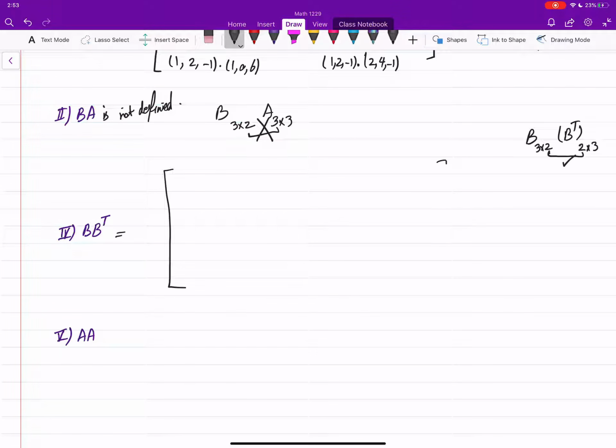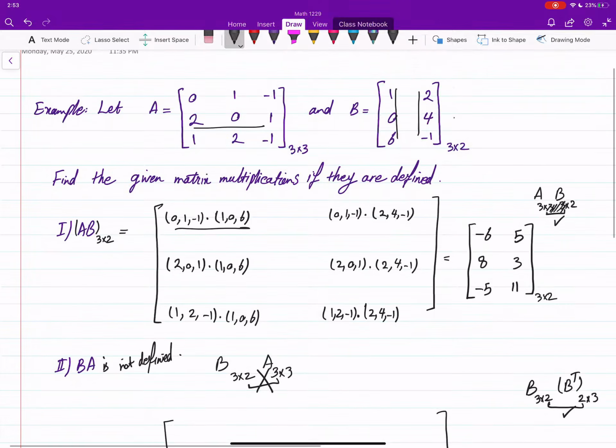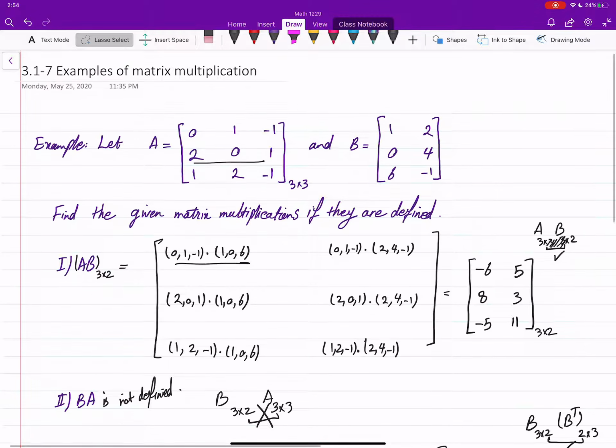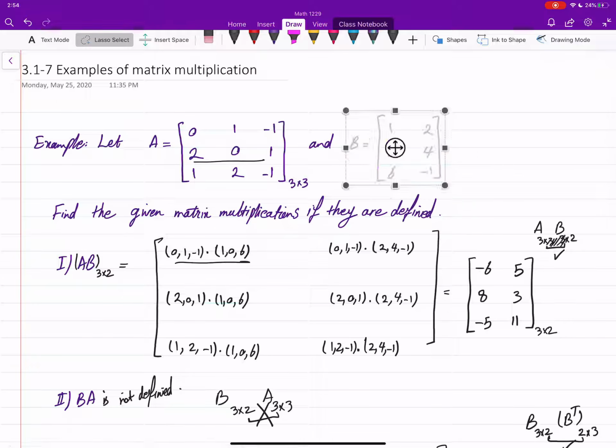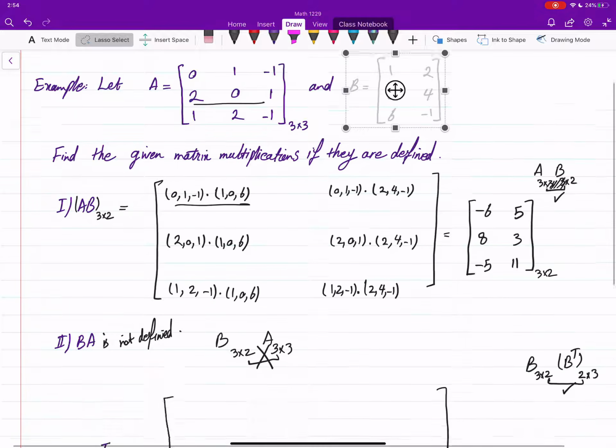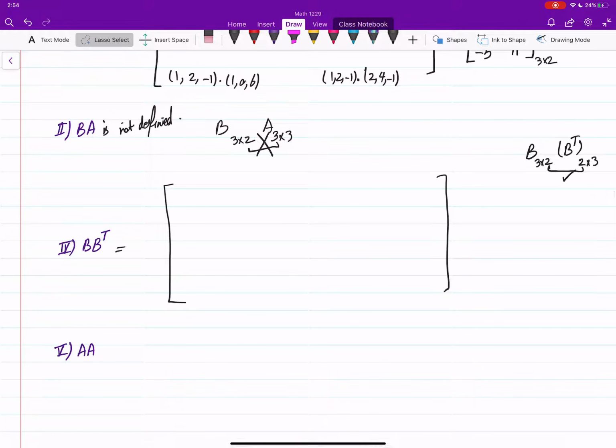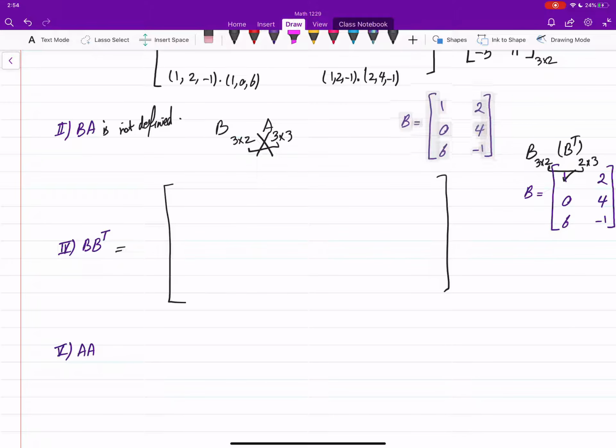This is going to be a 3 by 3 matrix. And how do we get these ones? The first row, let me just copy that matrix and bring it down here. I will need that one. Copy. And paste here. Okay, there.